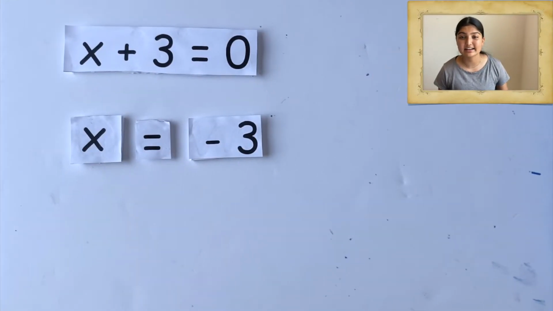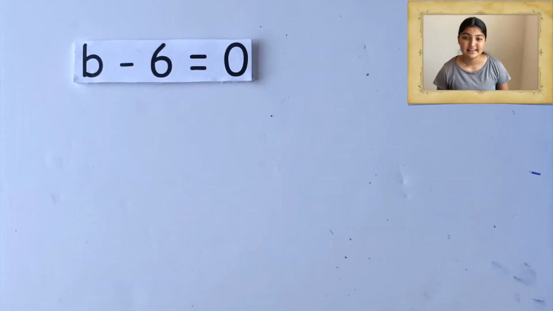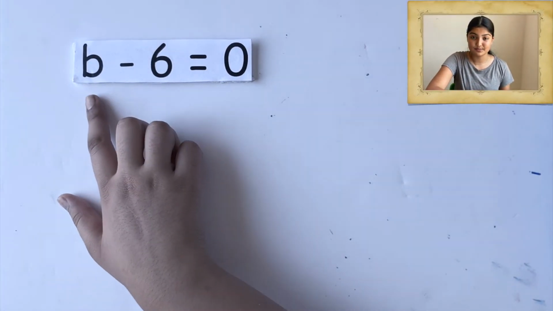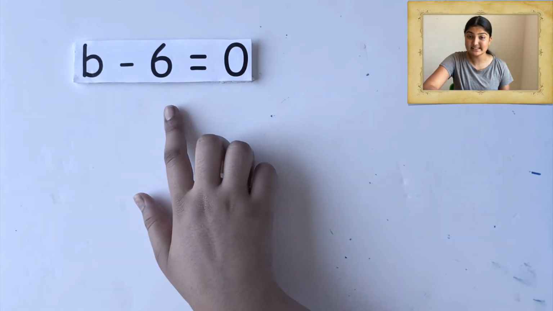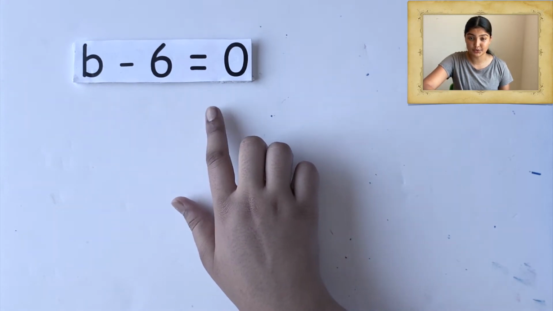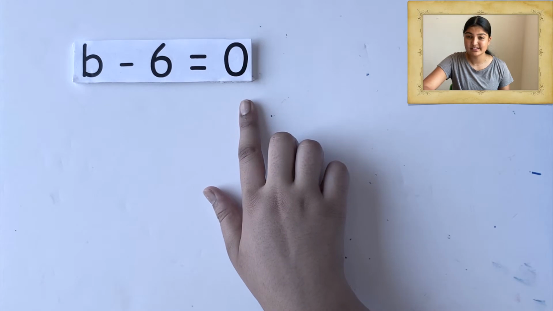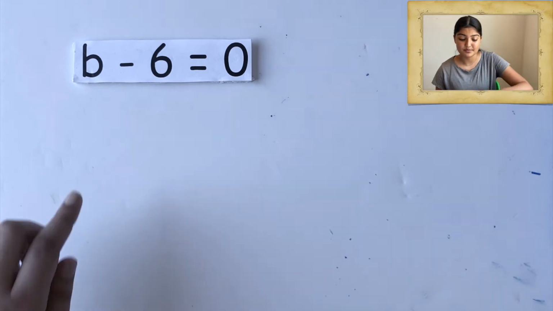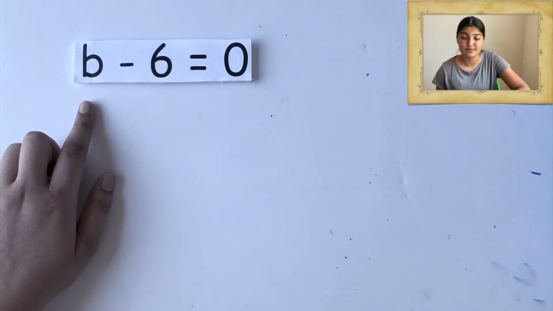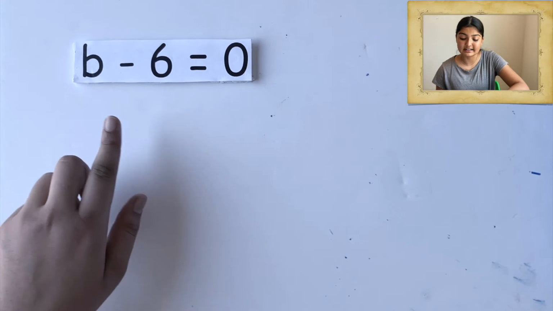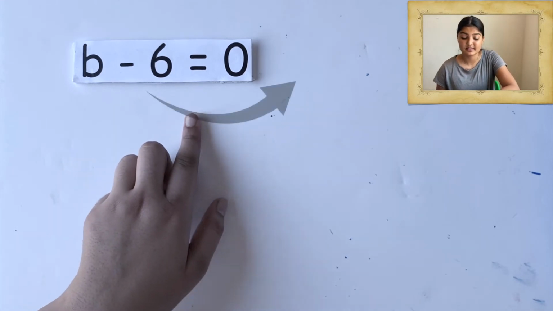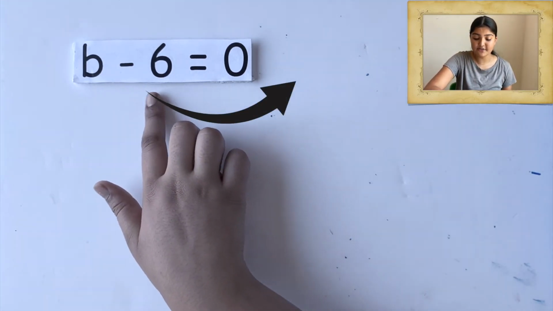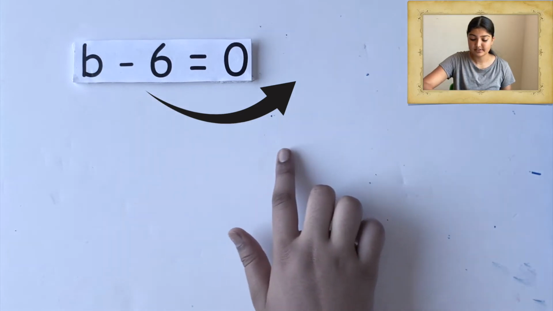Let's look at another example. Here is another equation. b minus 6 is equal to 0. In order to solve this equation, we need to keep b alone on one side of the equal sign and take everything else to the other side.